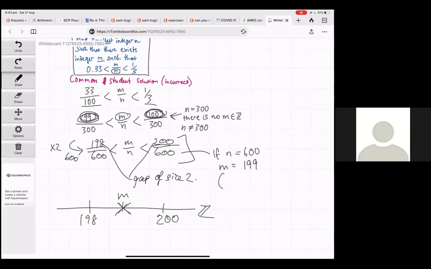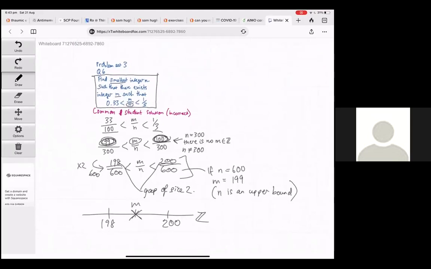So that means that n is an upper bound to our solution, because we're trying to look for the smallest integer n. And since we know that 600 works, then we know our answer has to be 600 or smaller if there exists a smaller solution.